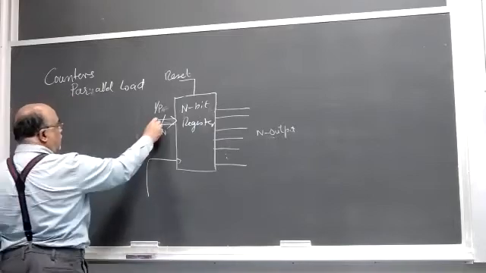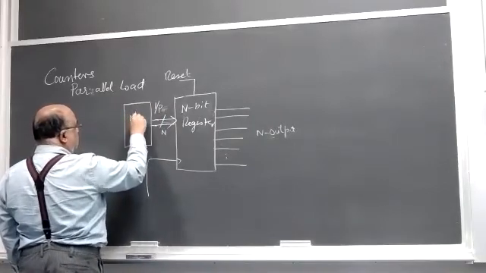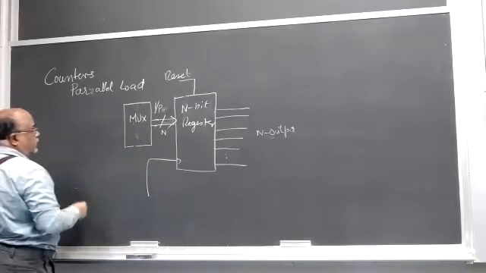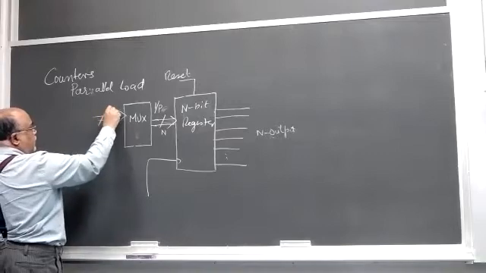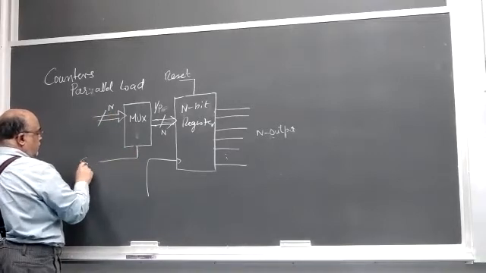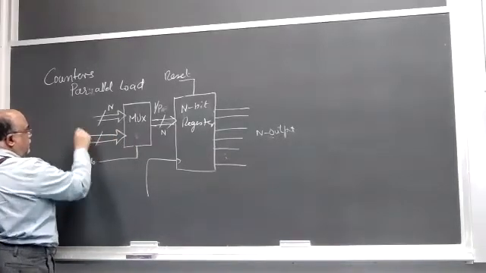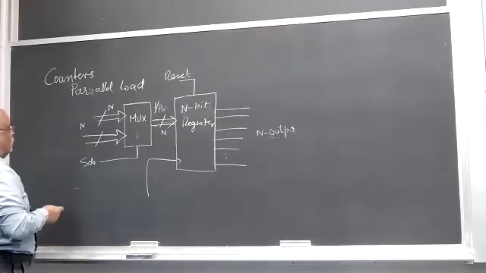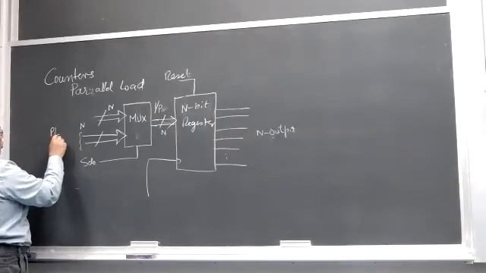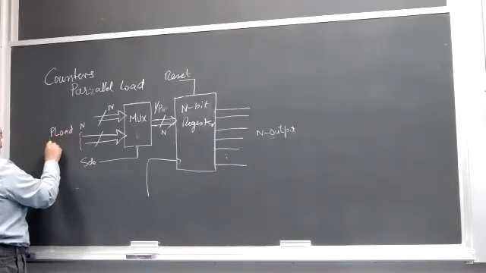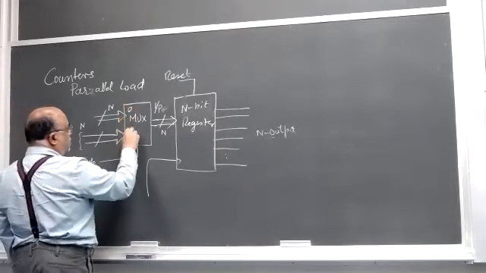So we can have a multiplexer here, an n-bit multiplexer with a select line, where you have these values going into it, and you have n-bit values over here, which you can select as the value you want to load. So you have switches here, parallel load values. This is 0, this is 1.